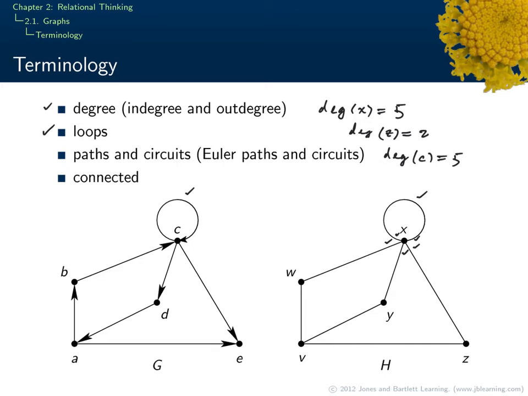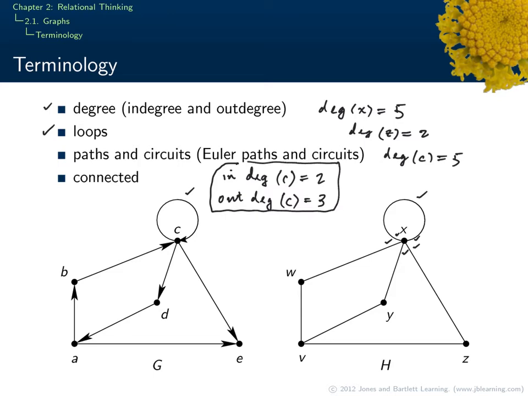So for instance, at vertex C, the in degree of C is 2, because we count 2 incoming arrows, whereas the out degree of C is all the remaining touches that don't involve incoming arrows, and that would be 3. One thing you can probably see from this is that if you take the in degree of a vertex and add it to the out degree of a vertex, you get the total degree.